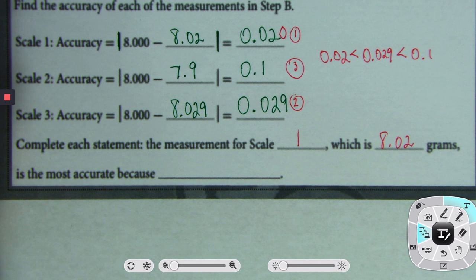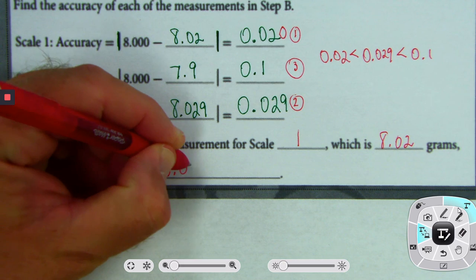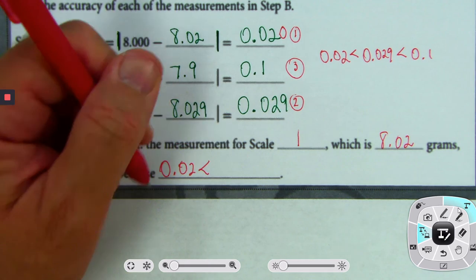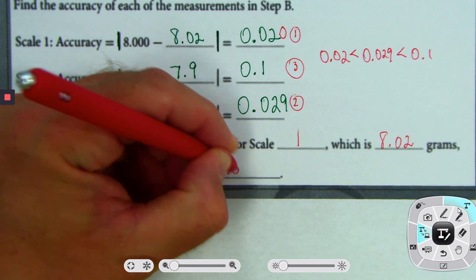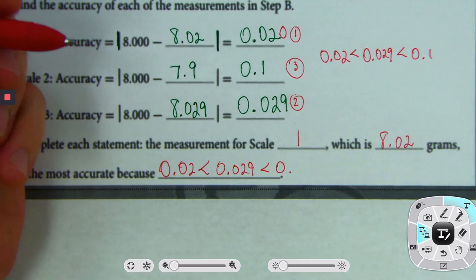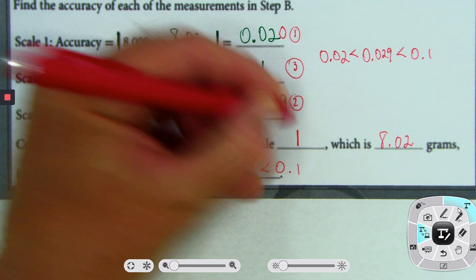It's the most accurate because it is the closest to the target. It's the smallest difference because it is less than the third one, which is also less than the second one. So I know the most accurate one is the first scale.